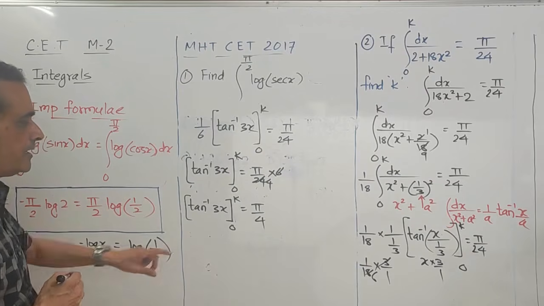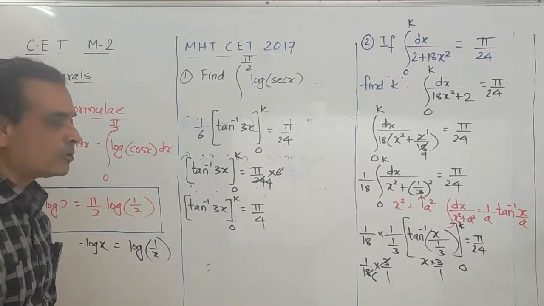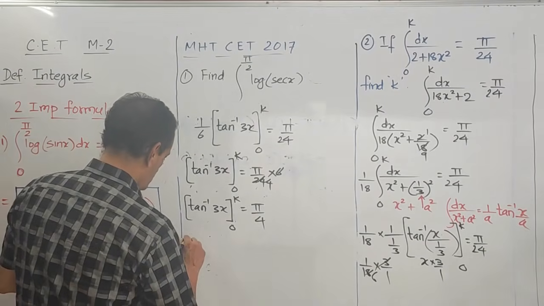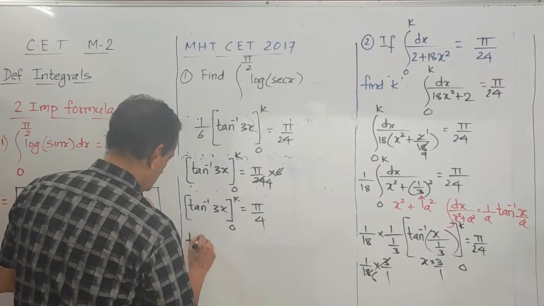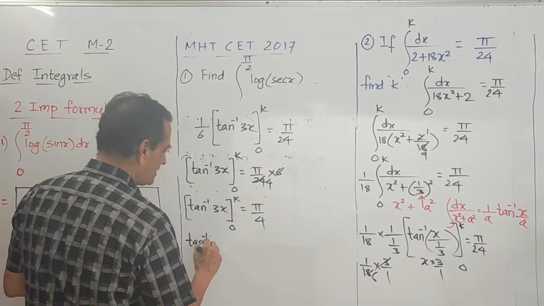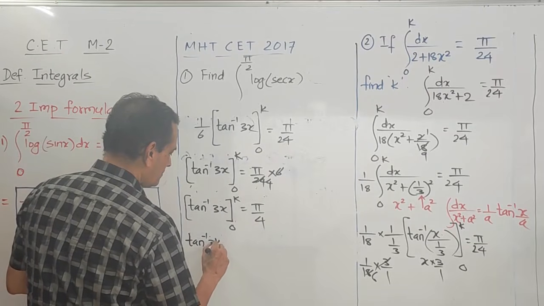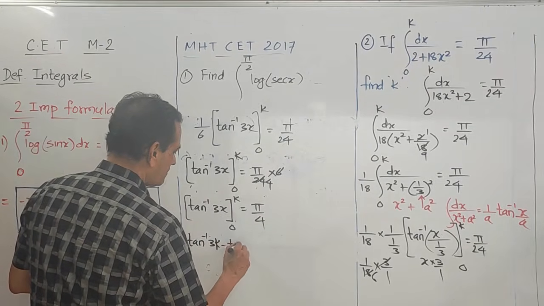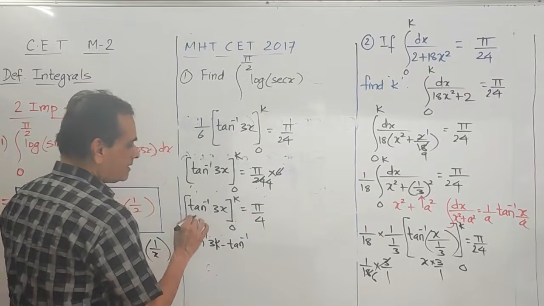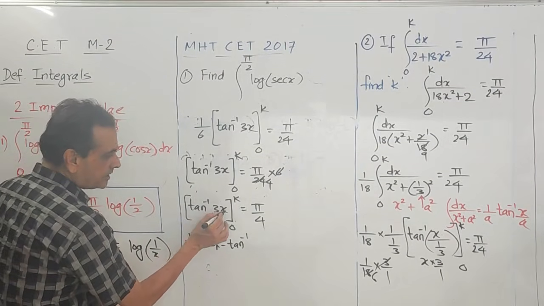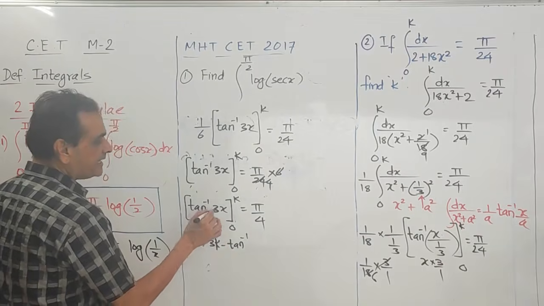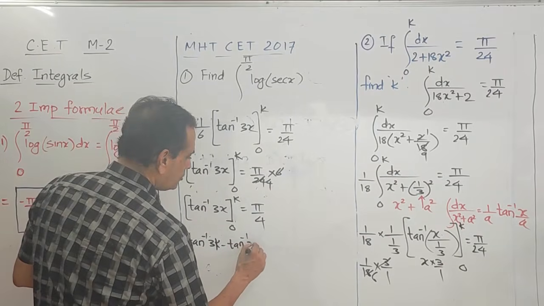Now here, upper limit minus lower limit. In place of x put upper limit, minus tan inverse 3 into upper limit minus tan inverse 3 into lower limit.